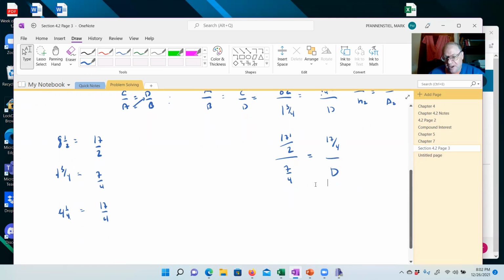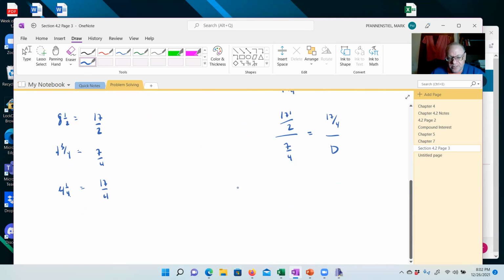What we're going to do now is cross multiply. So this is 17 halves times D. We're not going to complicate it by dealing with the fractions, we're just going to multiply. And then we have 17 quarters times 7 quarters.